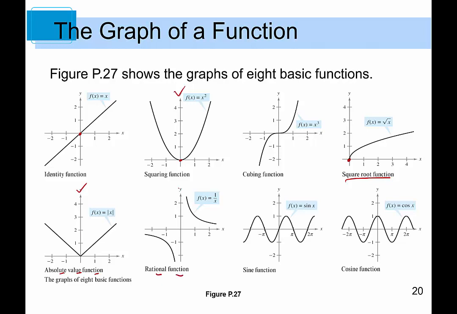In this case, both the x-axis and y-axis are asymptotes for this rational function. The next one is the sine function. One period of the sine function is 2 pi, from 0 to 2 pi. And the amplitude.